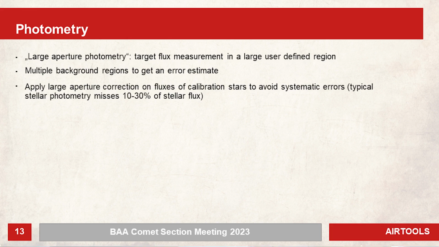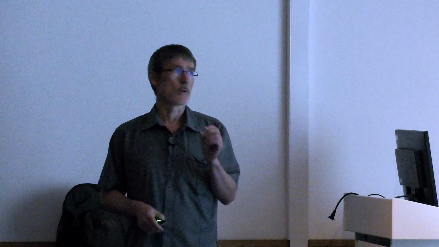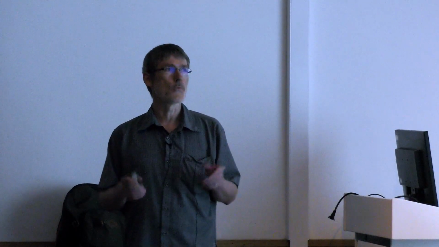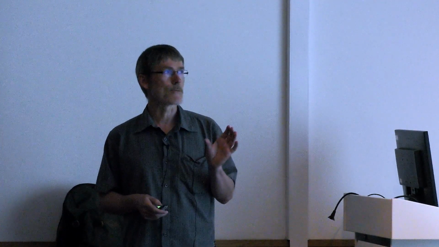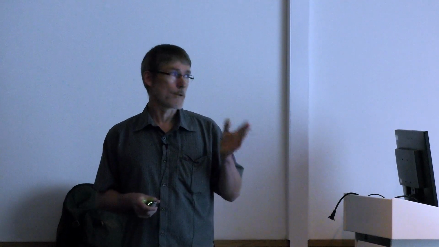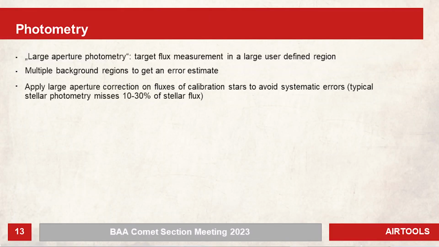An important point is if you compare the fluxes from measuring stars: if you normally do stellar photometry, then you take a pretty small aperture, just a few pixels wide, and you typically have maybe 20–30% of the flux outside of this measurement aperture. But with comets, if we measure in a very large region, you should ideally also include the flux of stars in such a large region.